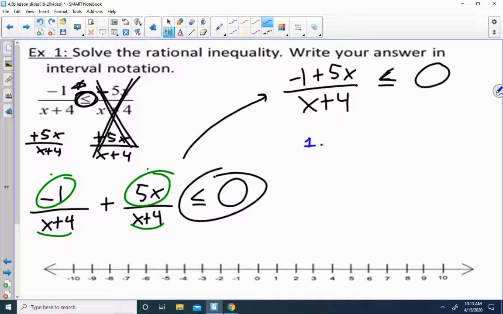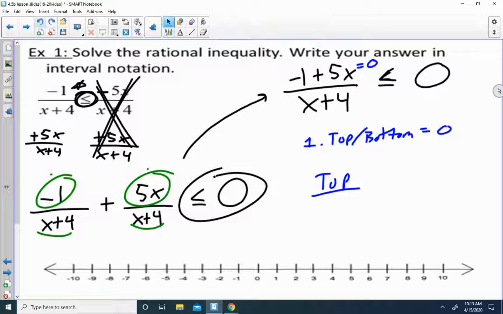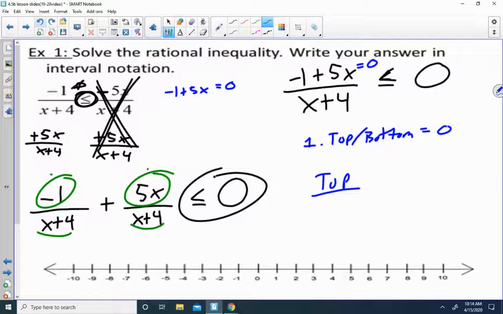So first things first, we've got to set the top and the bottom equal to 0 and figure out what those are going to be. First, we're going to set the top equal to 0. So in other words, negative 1 plus 5x equals 0.